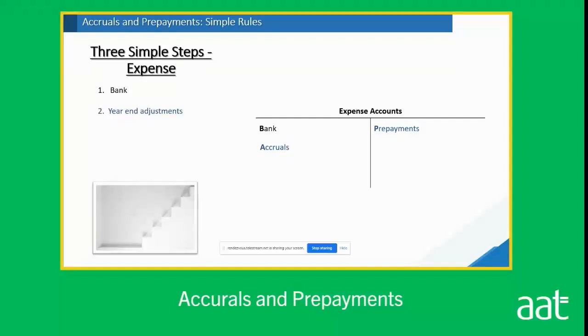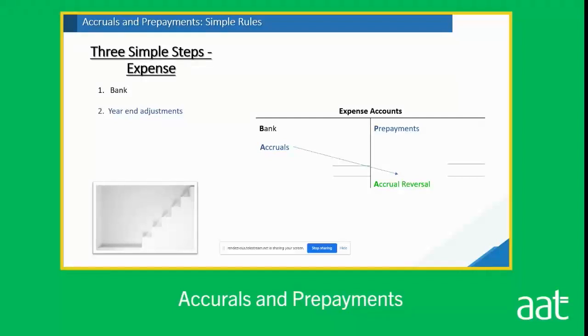Once we've completed that, we will transfer figures off to our financial statements, having an appreciation that the year-end adjustment from last year will impact the expense account next year. Because if last year I accrued an expense, I would have debited the account last year, meaning the reversal will appear on the opposite side of the account.